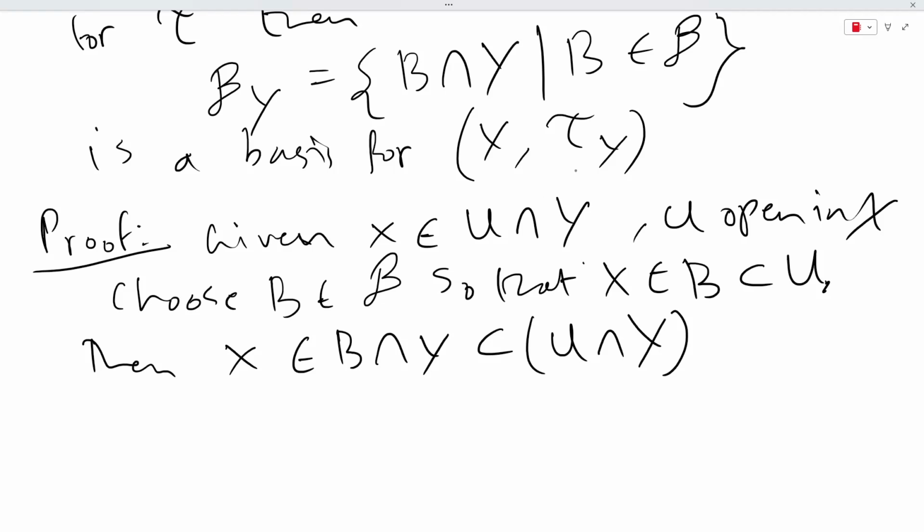So we choose x in a subspace, basically, which is by definition an element of the topology.